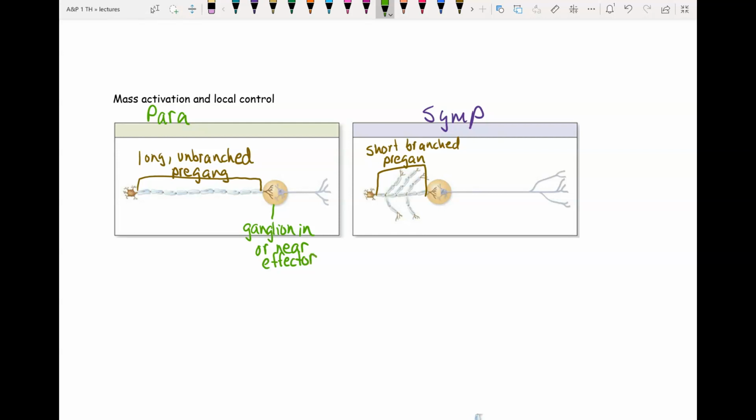You can have a terminal, which is near the effector, or you can have an intramural, which is inside the effector.